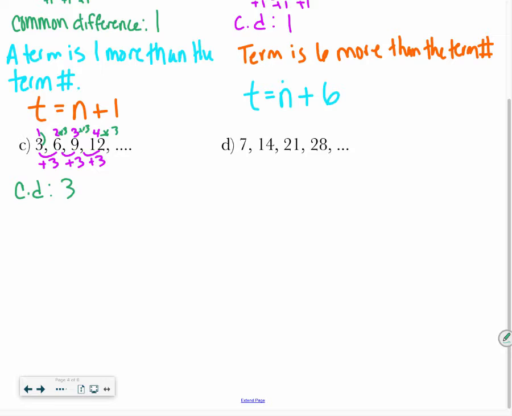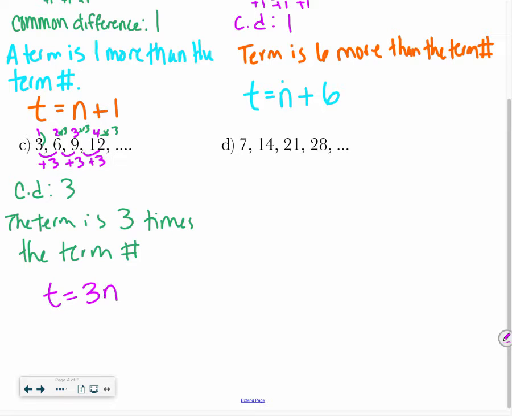So we know that our term is 3 times the term number. So that can be rewritten as t equals 3n. Alright, let's try one more.